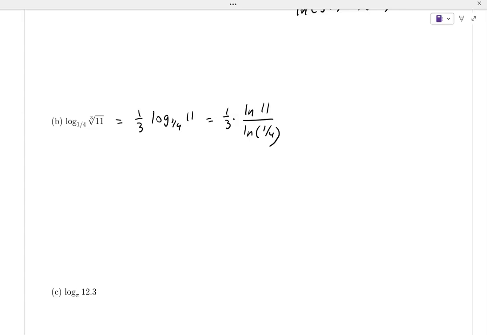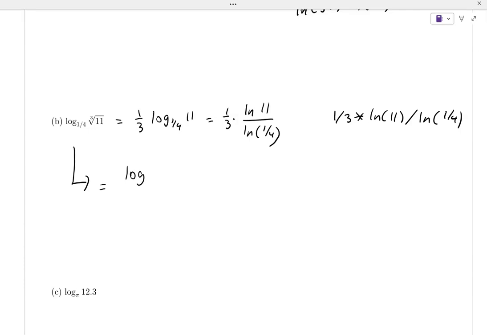So when you type this into your calculator, you would have something like that. If you wanted to, you could do it that way. Or you could just use your change of base formula immediately.